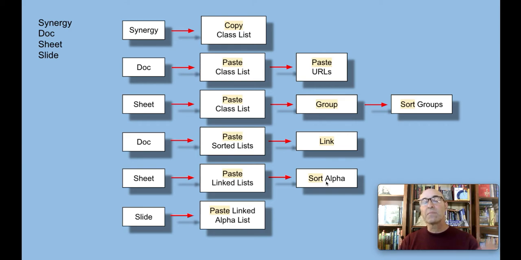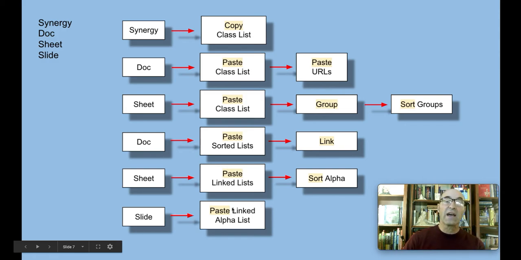So I will end up with an alphabetical list of linked student names. And once I have this alphabetical list of linked names, I can just paste that into my Google slide to publish it so it looks better. I'm going to go through all of these steps really quickly for you in the next set of videos.